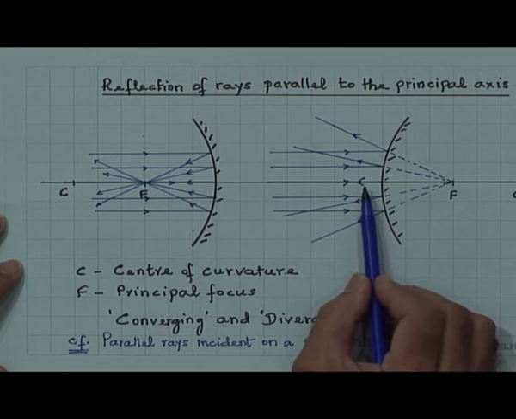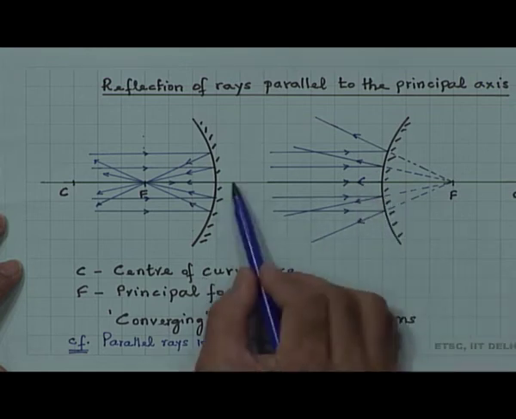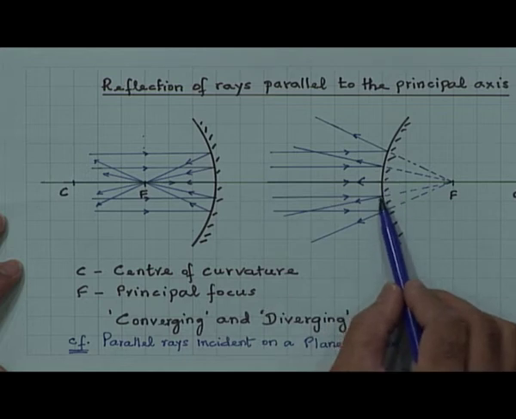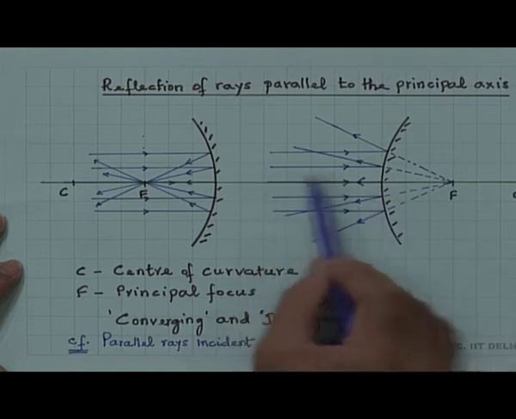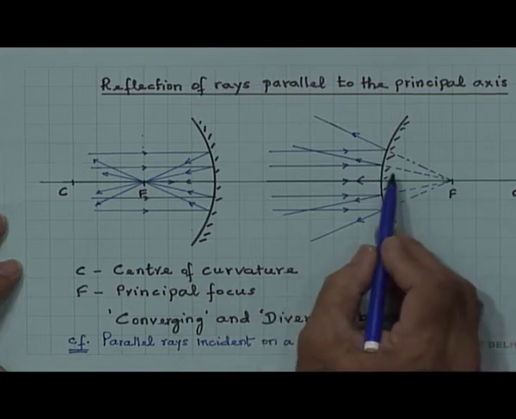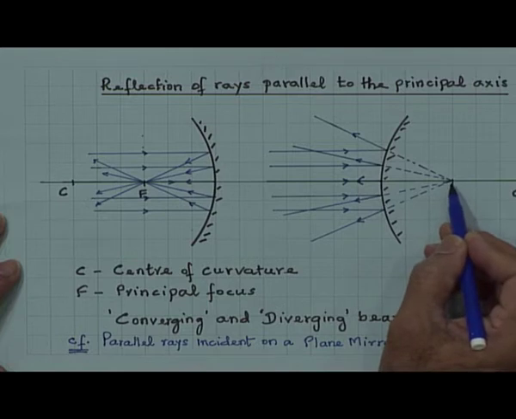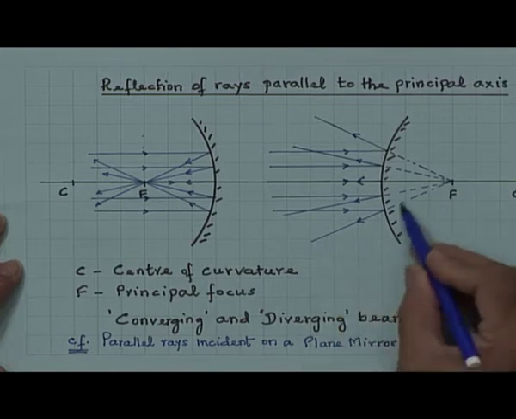In the case of a convex mirror, the parallel beam results in a diverging beam after reflection. However, it can be seen that all the rays seem to start from a common point, so this ray, for example, here.